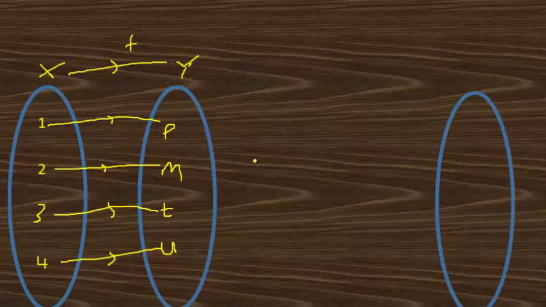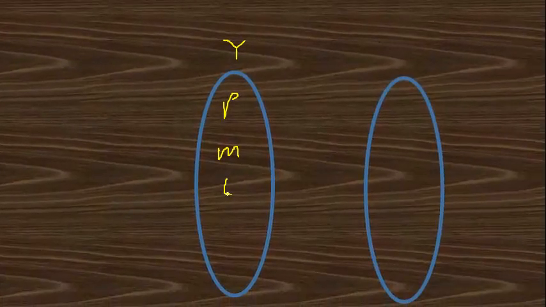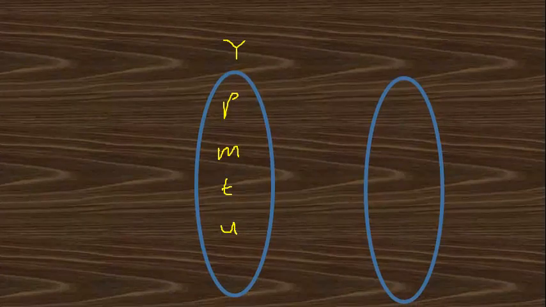Now if I interchange X and Y, the Y will be here. Don't forget under Y we have P, N, T, U. Then the X will also be here.